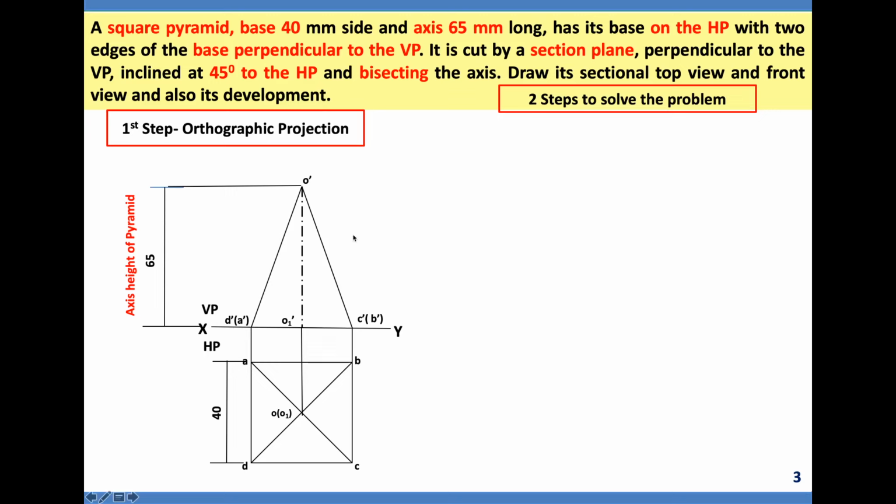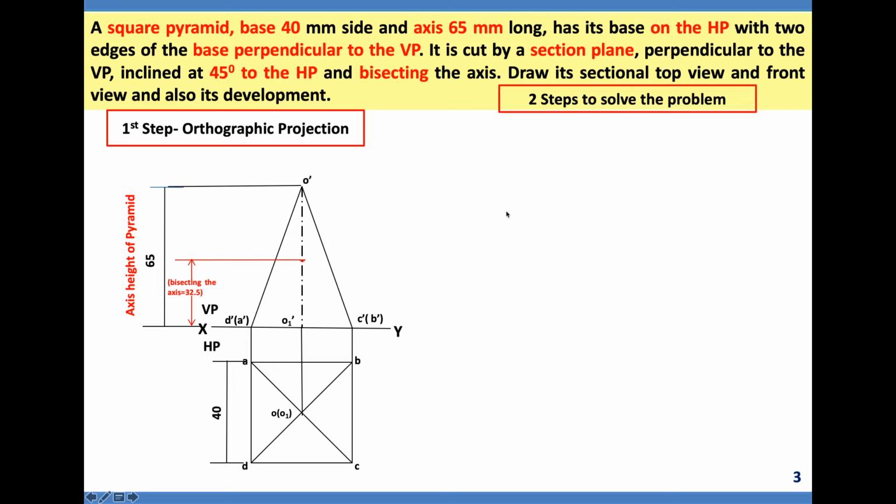Bisecting means midpoint. The total height of the axis is 65, divided by 2 means 32.5. So from base or from apex, you have to go to the midpoint. Let me take the base help, and I have moved from base to this point 32.5, and I have to go to the axis because it is bisecting the axis.